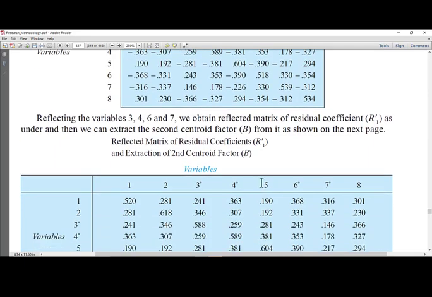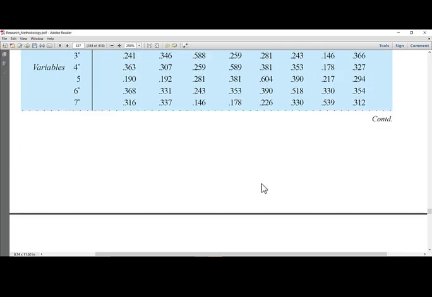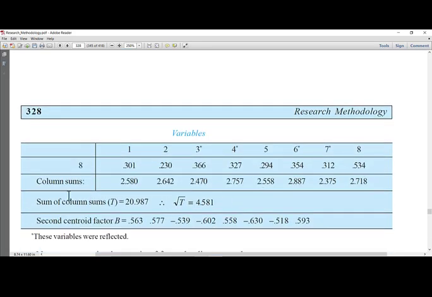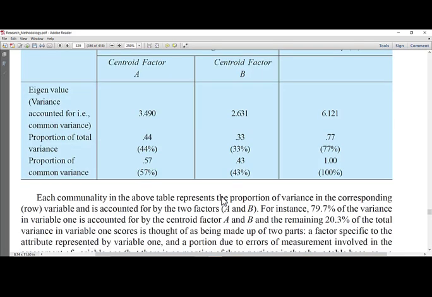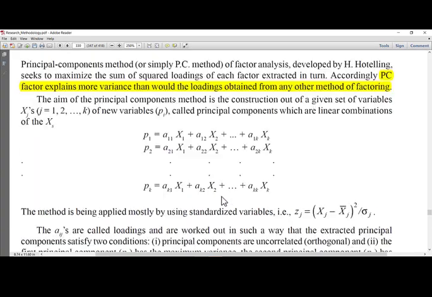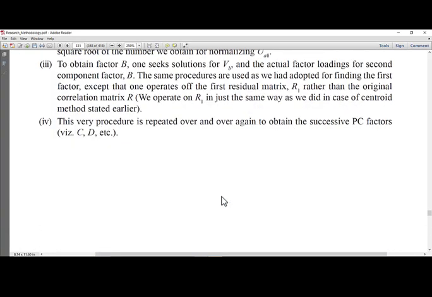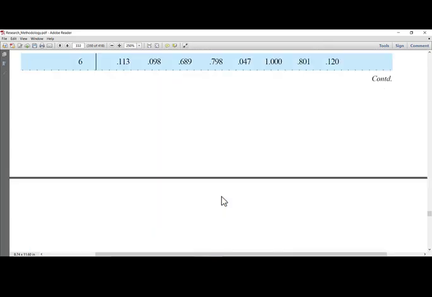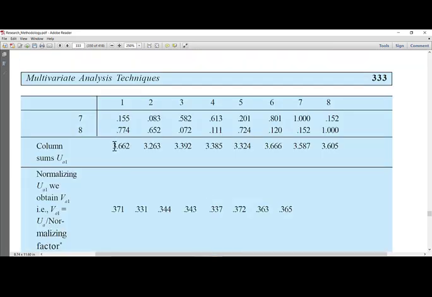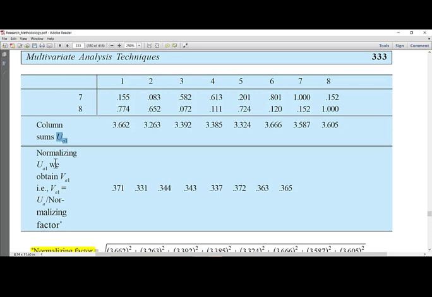Once R1 dash is obtained, we calculate the column sums, and after that we go to our principal component method procedure, which will be similar to this. Here we get column sums, which we write as UB1, and then we normalize UB1.